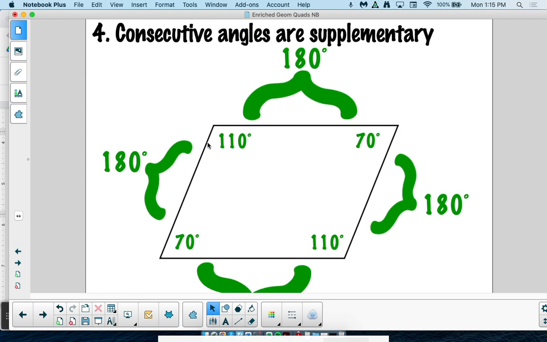Consecutive angles, so angles next to each other, are supplementary, so they add to 180. Brownie points if you can tell me why that's true. I know, the 2 parallel lines. Yes, right? And they're alternate interior. Or no, they're consecutive interior.